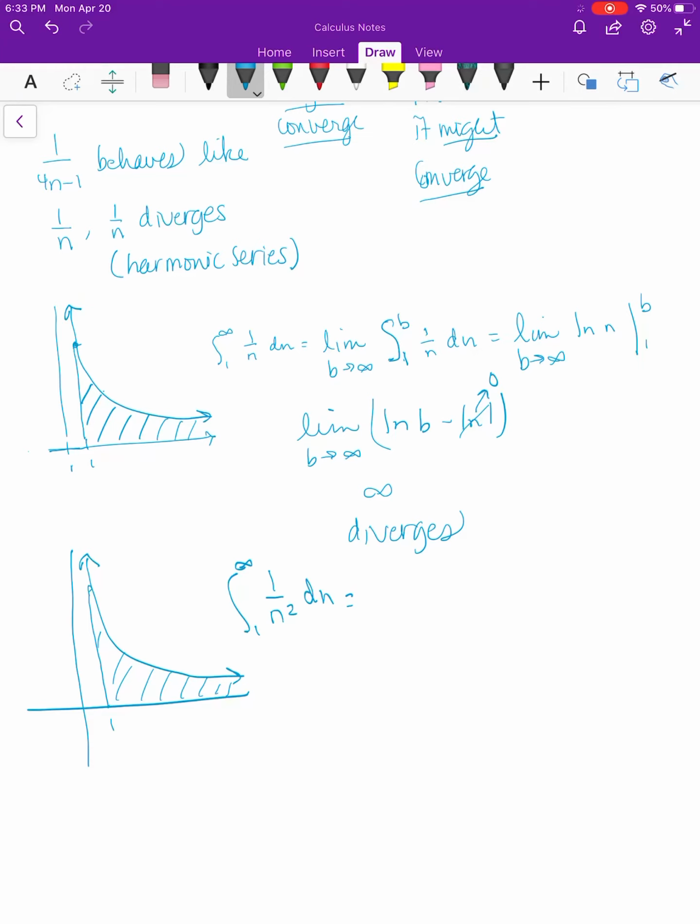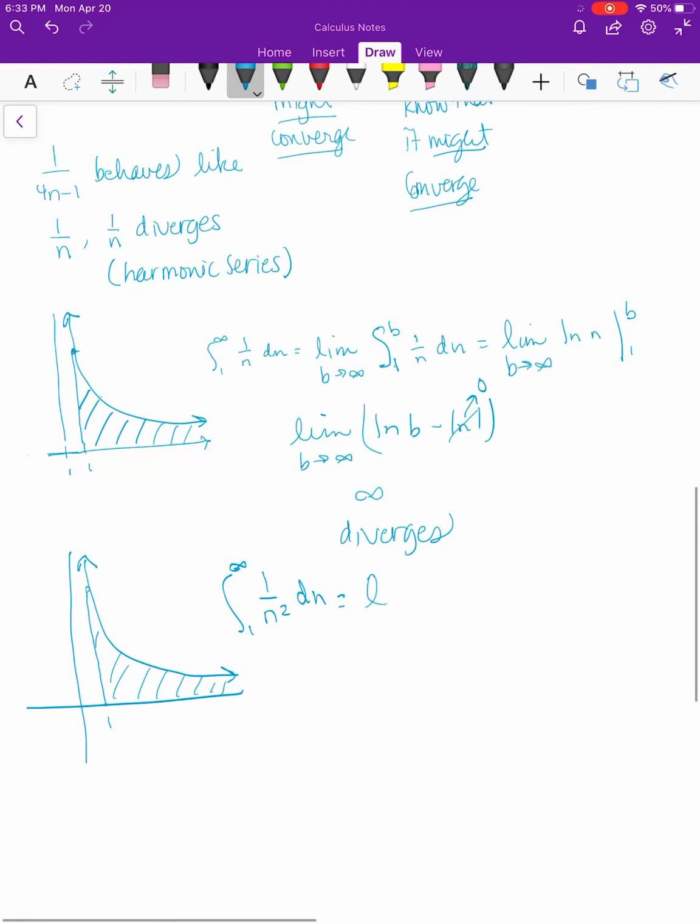Then we have a very similar looking one, 1 over n squared. Well, what if we looked at that from 1 to infinity? Same type of situation.